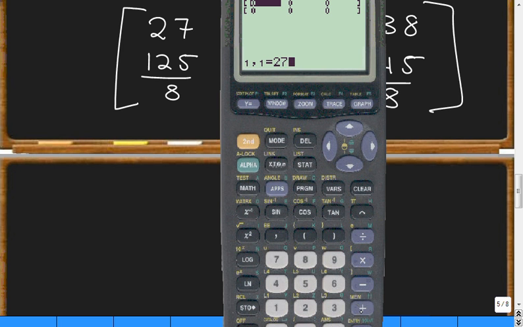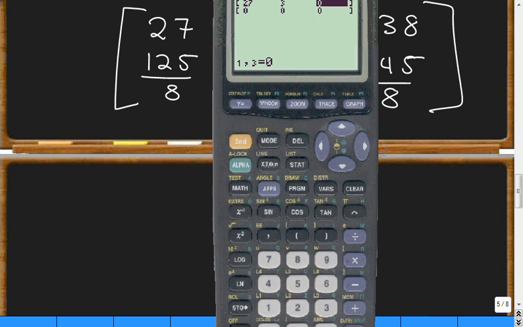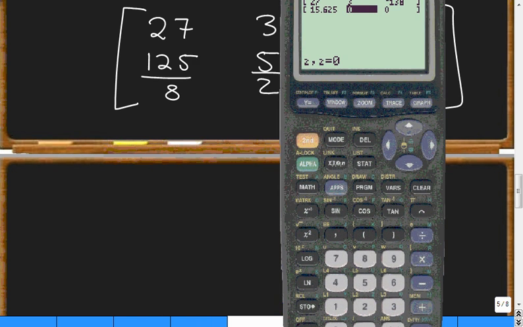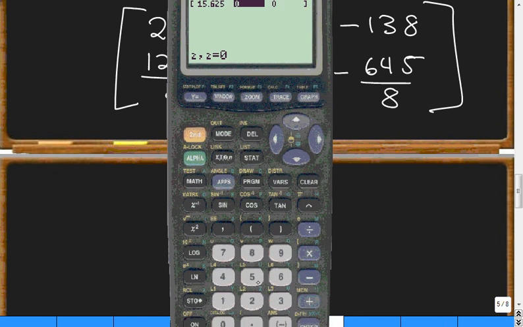So we've got 27 here, we had 3 B's, and then we had negative 138, and then we had 125 over 8 for our A. It converts it to a decimal, which is fine. And we had 5 halves B, and this was negative 645 divided by 8. So this is our matrix.